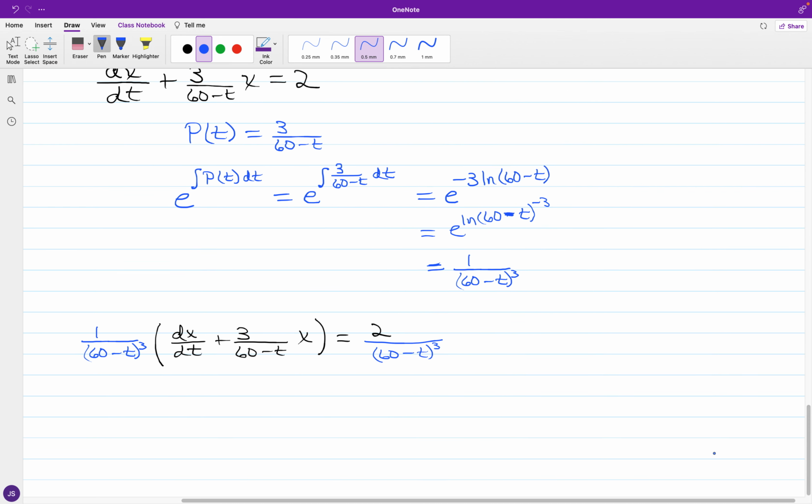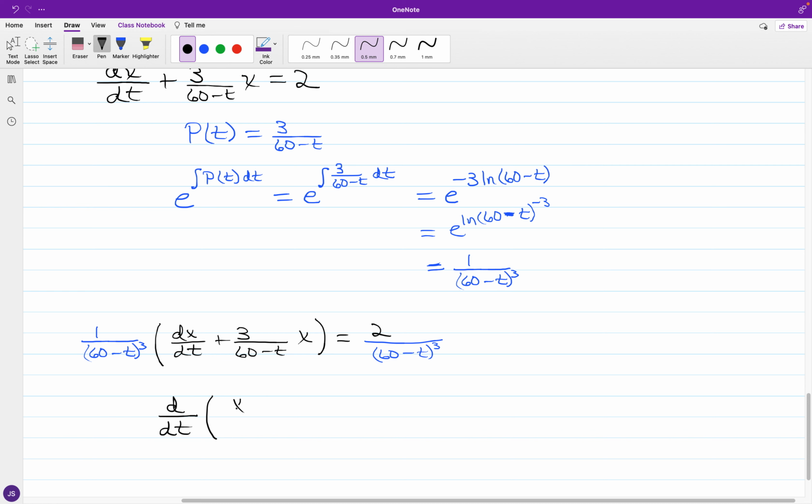And for what we have on the left, again, you do not have to distribute. Okay, so if I were to distribute, now the terms would end up being taking the derivative in the independent variable, which we have with the letter T. And this will be taking the product of the dependent variable x times the integrating factor.